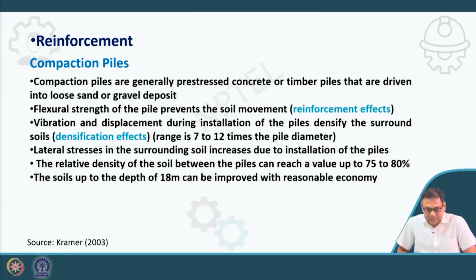Compaction piles are generally pre-stressed concrete or timber piles that are driven into loose sand or gravel deposits. The flexural strength of the pile prevents the soil movement. So, that means it provides the reinforcement effect. Because of its flexural strength, the soil movement can be prevented. So, that is why it is a reinforcement technique.